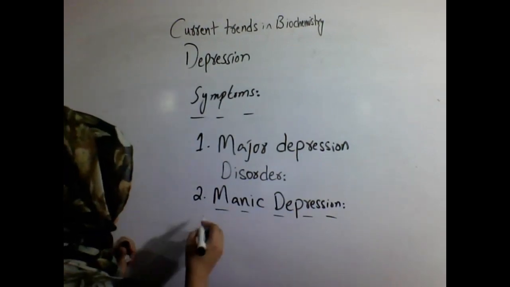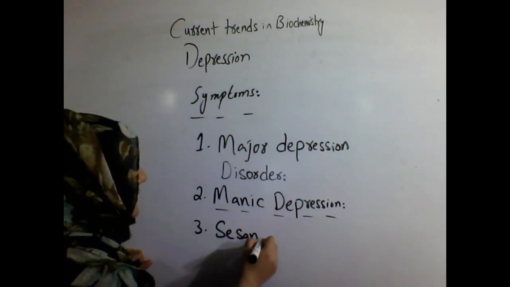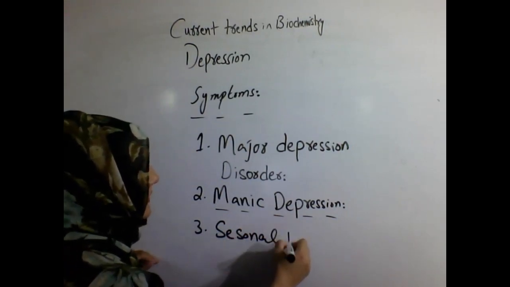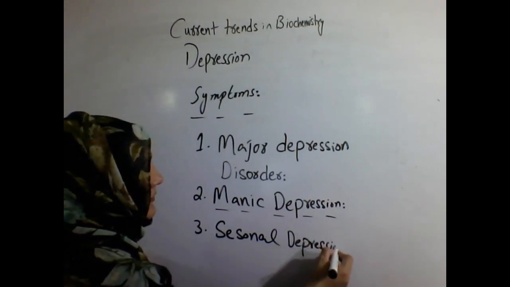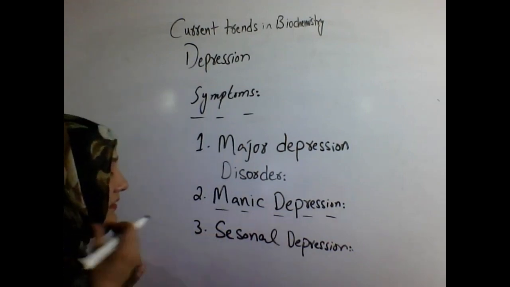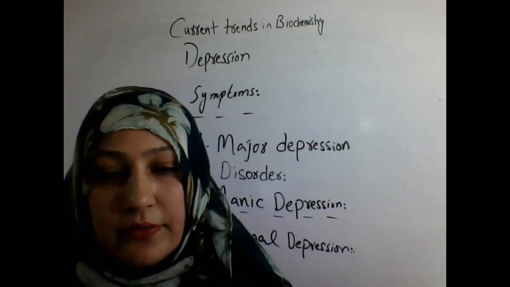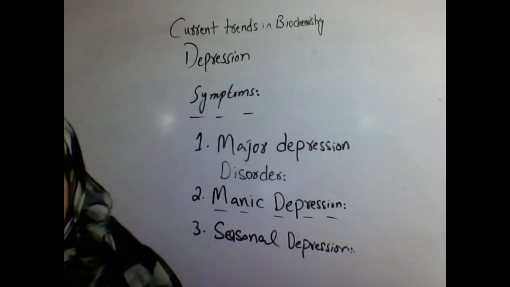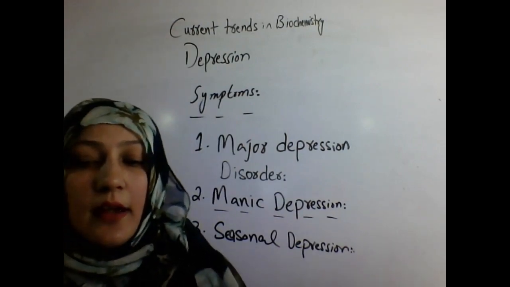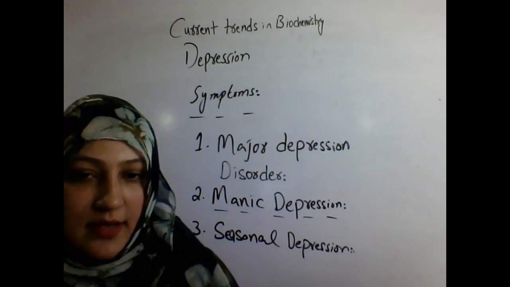Third type is seasonal depression. Yes, definitely, depression is of seasonal type also. What do we mean by seasonal? Seasonal means when the season is winter, then this depression comes into the mind of the patients.